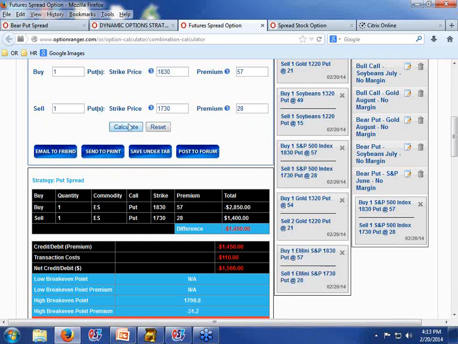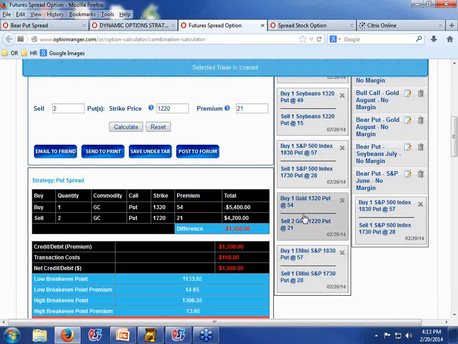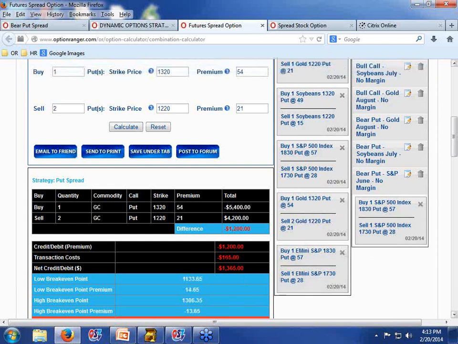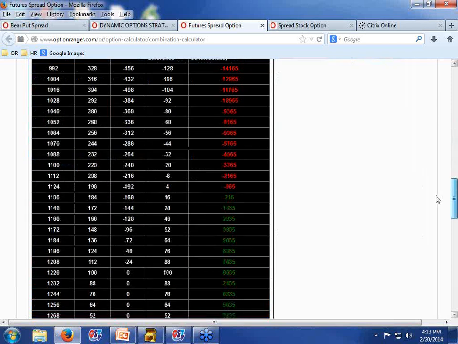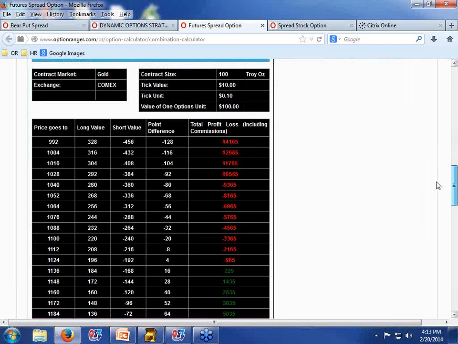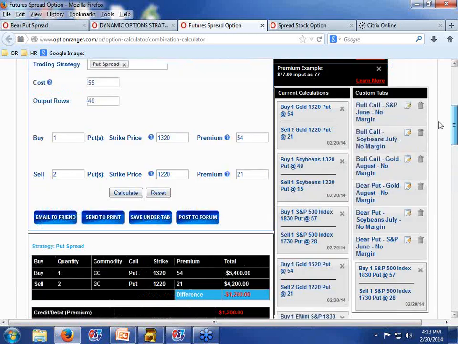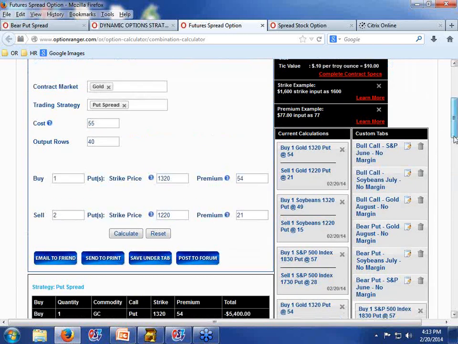Now, one thing happens. The minute we hit the calculate button, this pops up under current trade. So we can look at them, click on them back and forth like we did before to compare. This is the large contract, risk, reward, cost, and so on, which we just did. Oh, excuse me. I just went to the wrong position. Oops.